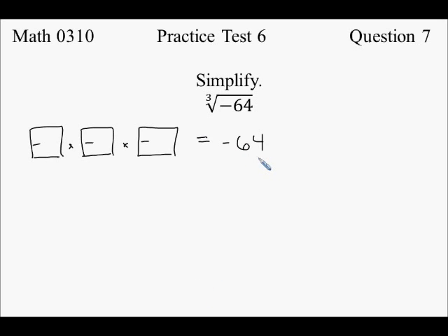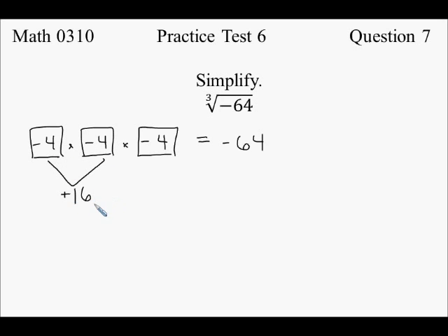And now we're looking for something that would multiply 3 times to give us 64. If we think about it for a minute, we can probably see that 4 times 4 would give us 16, but then times another 4 would give us 64. So again, let's check this. Negative 4 times negative 4, same sign, would give us a positive, and 4 times 4 would be 16.